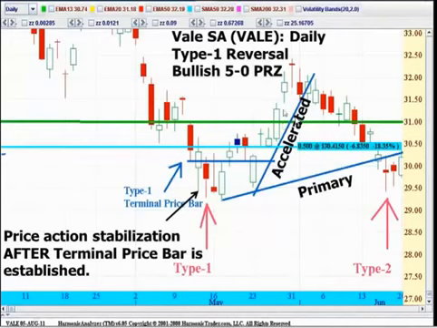Finally, we get some type of move. Now off of this low here, from the lows that were established, this is the area where we're looking for some type of movement reversal, as long as our stop loss is not violated. So after a few consolidation days, then we get that quick up move.